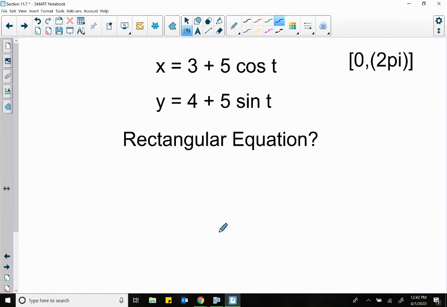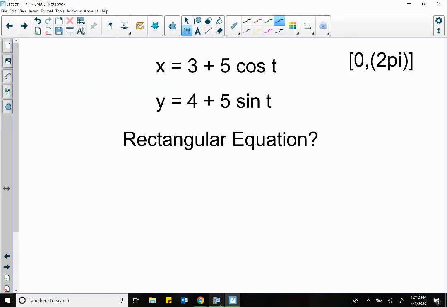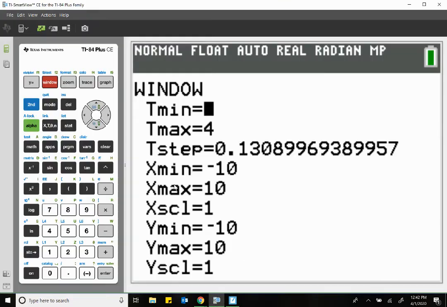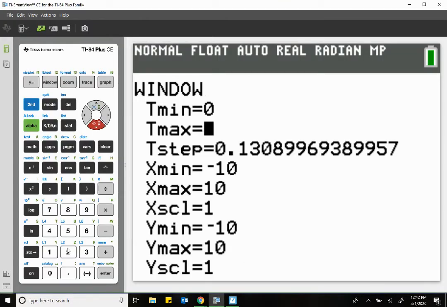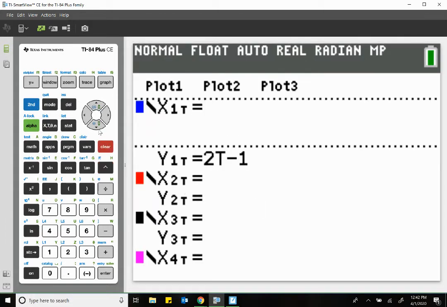So now, again, they'll want to know what the graph looks like. So we go into our calculator, change this up, and put in 0 and 2 pi. Come in here and clear out these equations.